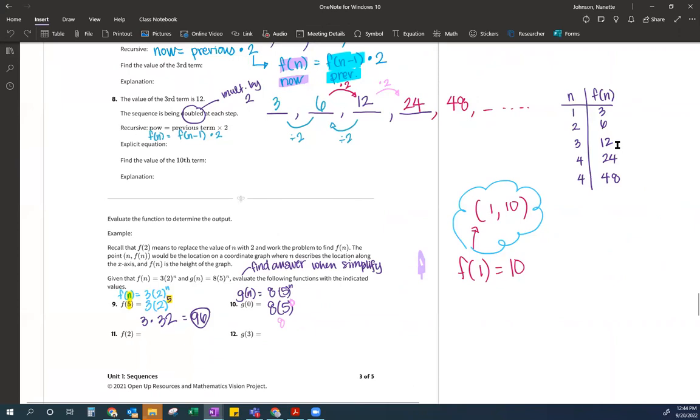So the next question I'd ask is, okay, well, how would I rewrite 12? Instead of writing 6 as 3 times 2, how would I write 12? So here it's 3 times 2.